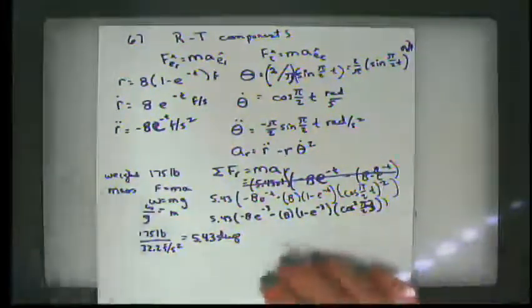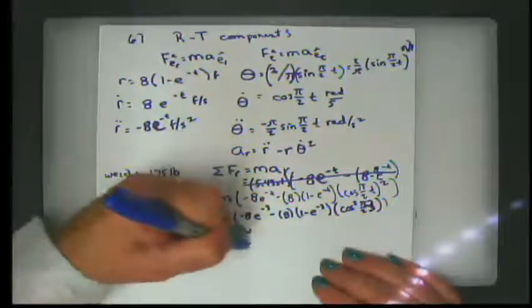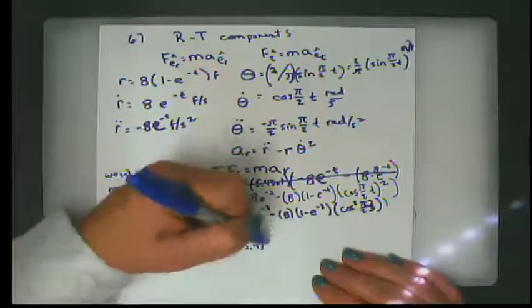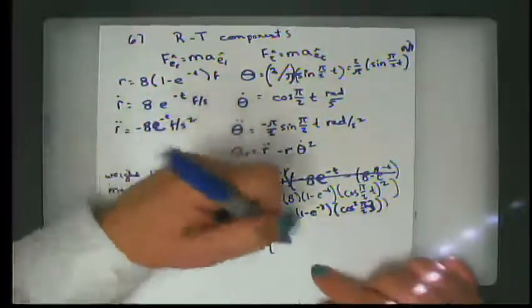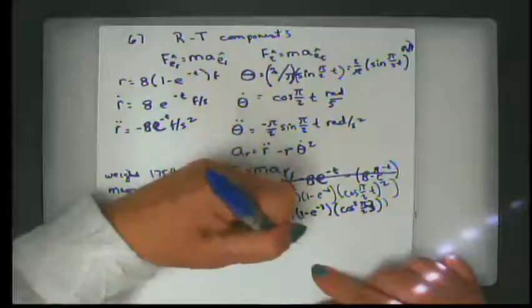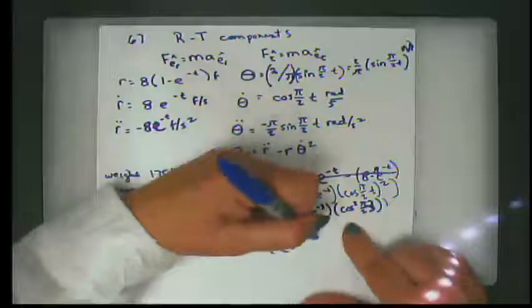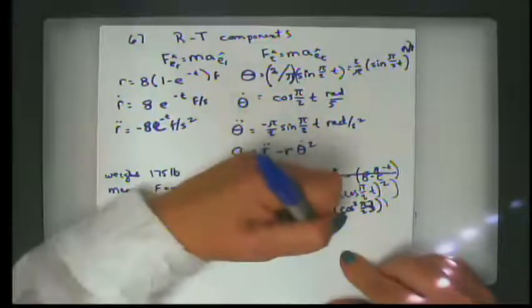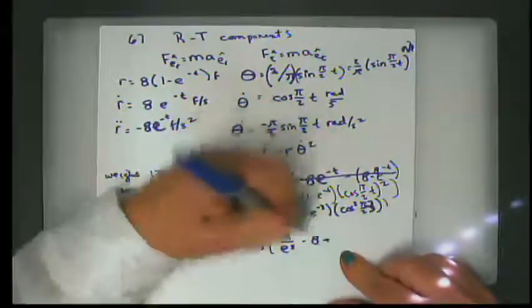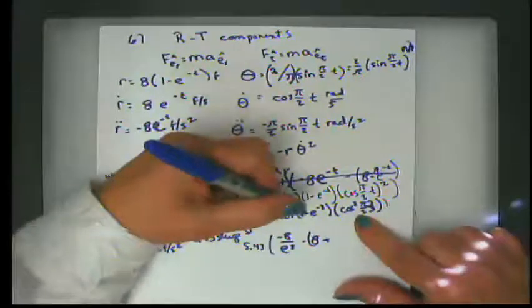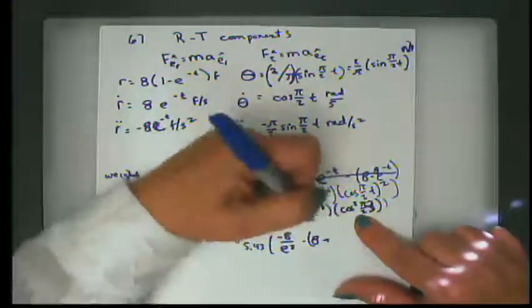Okay? So to work that out then, I get 5.43 times minus 8 over e to the third. I don't know if that's going to simplify or not. Minus 8 plus, I still have to multiply that. I should probably just get a value for that, huh?